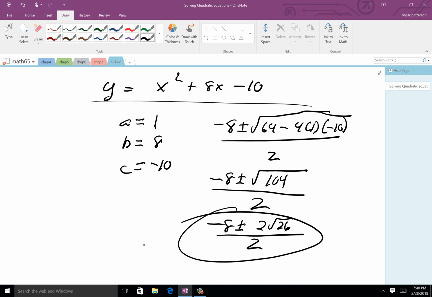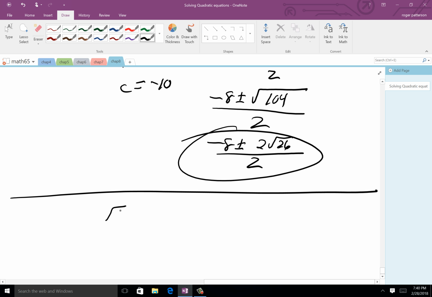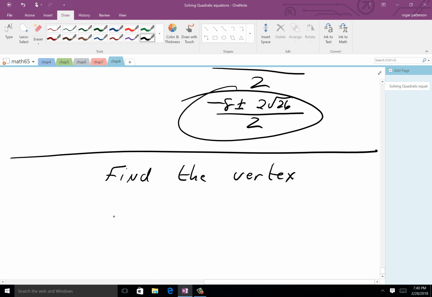The other thing it's going to ask you to do is find the vertex. So again, how do I do that in general form? Because if it's in vertex form, man, then I can find it pretty easily. All right? But here, not so much.